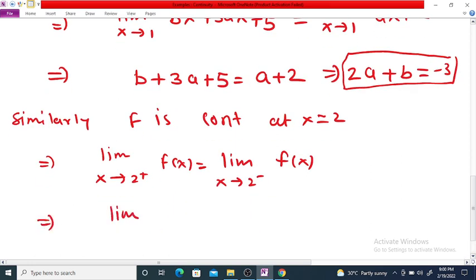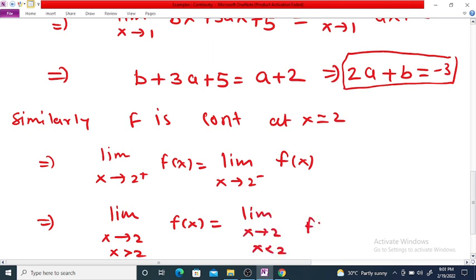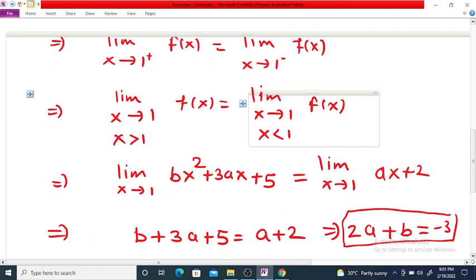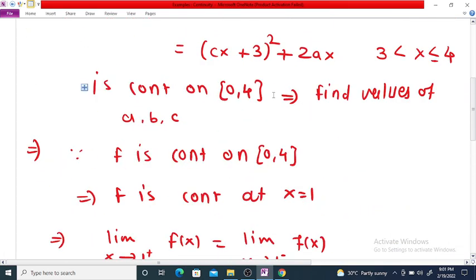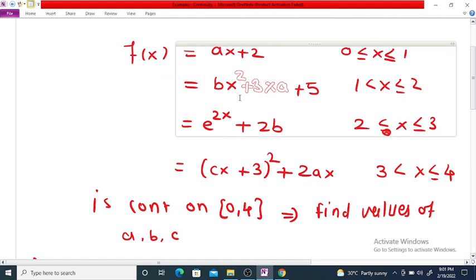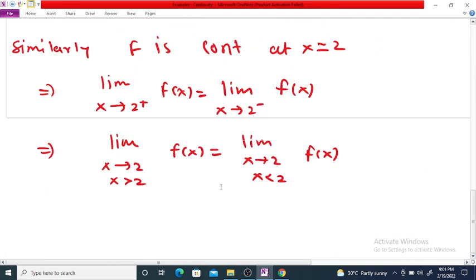So this implies limit x tends to 2 with x greater than 2 of f of x is equal to limit x tends to 2 with x less than 2 of f of x. Now for x less than 2, it is equal to bx squared plus thrice ax plus 5, and for x greater than 2 it is equal to e raised to twice x plus twice b.